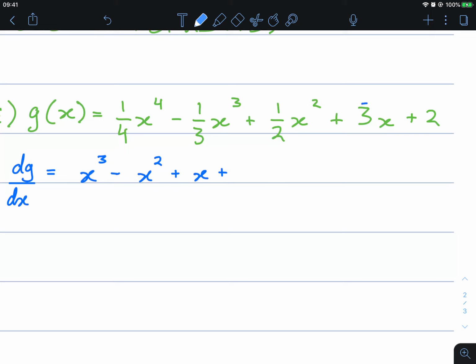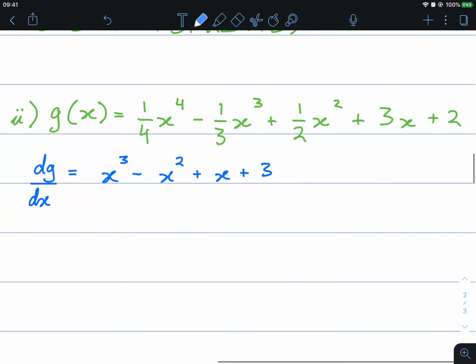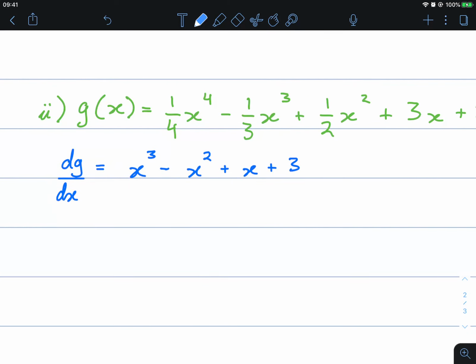And lastly, this is x to the power of 1. 3 times 1 is just 3. And 1 take away 1, really, that's x to the power of 0, which goes away. And I hope we know by now that any constant values go away when we differentiate. So this is the derivative dg on dx.